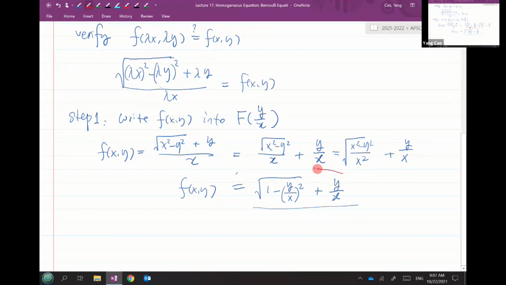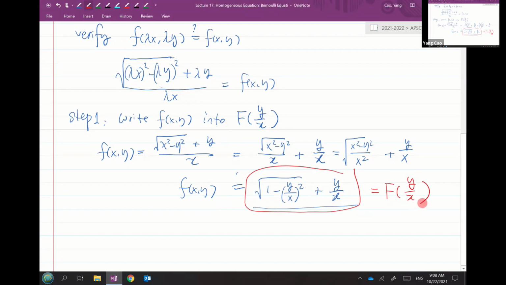Now this whole thing here, you can clearly see is a function of y over x. As long as the function f of x, y is a homogeneous function of degree 0, you can always rewrite it, transform it into a function f of y over x.